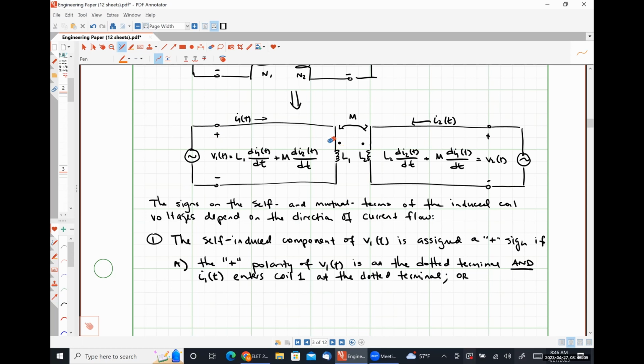And we can see that our current I1, as it flows along this path in this clockwise direction, is flowing into the dotted terminal. So both parts of this first condition are true, which is why this term has a plus sign, or it's positive, okay?